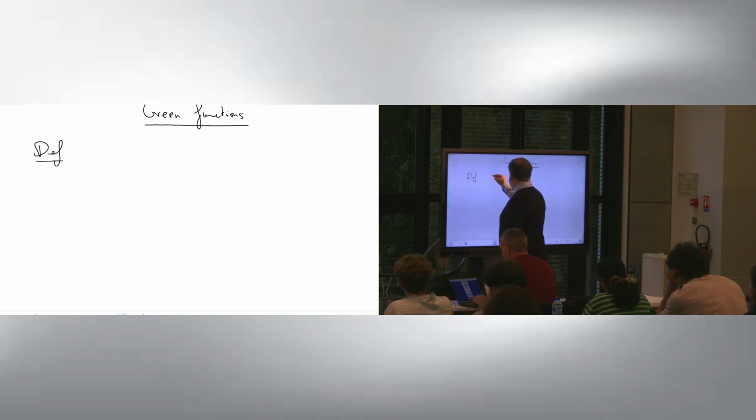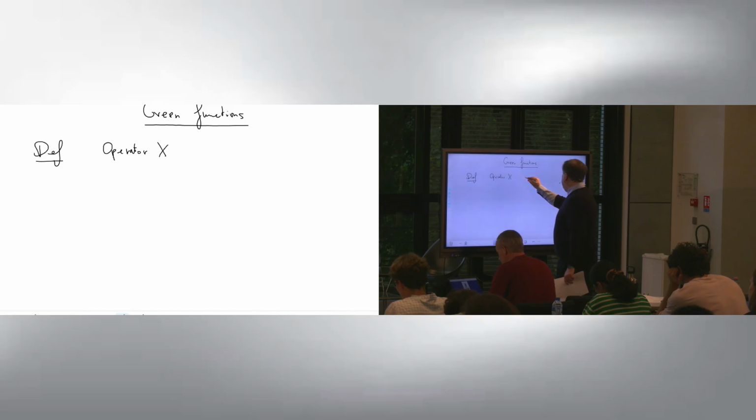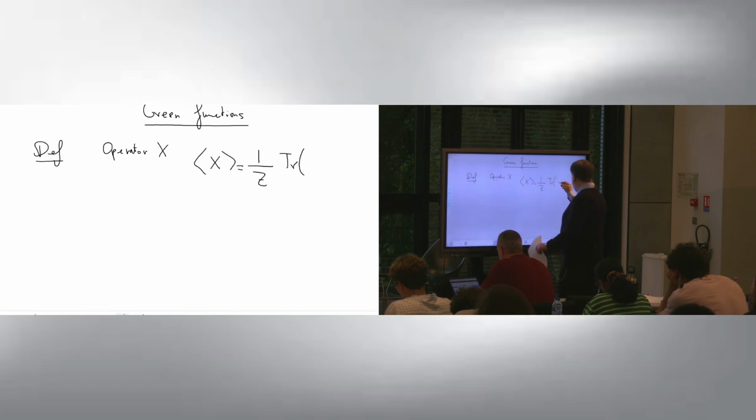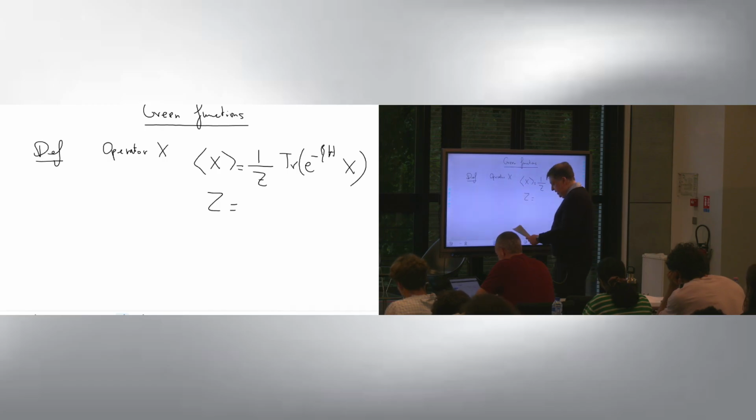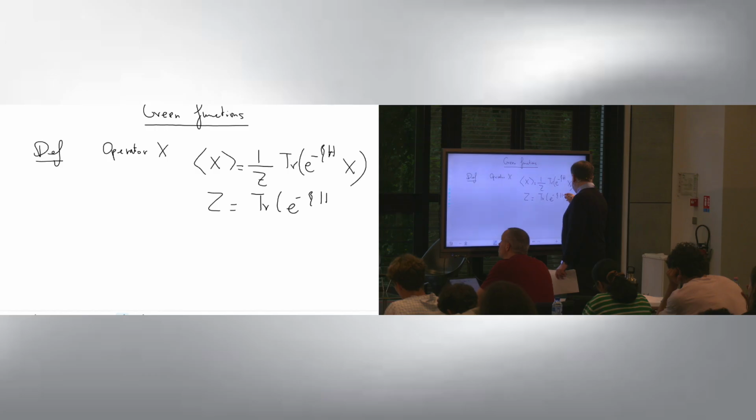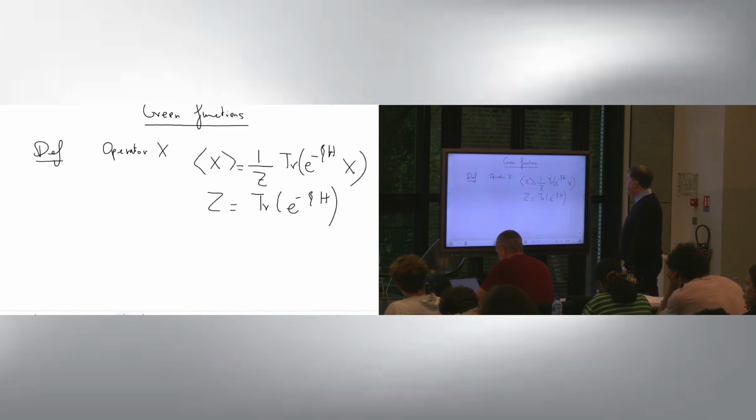For any operator X, I'm defining the average of X equal to 1 over Z times the trace of e to the minus beta H times X, where Z is equal to the trace of e to the minus beta H. That's the partition function. Again, this is a grand canonical ensemble.